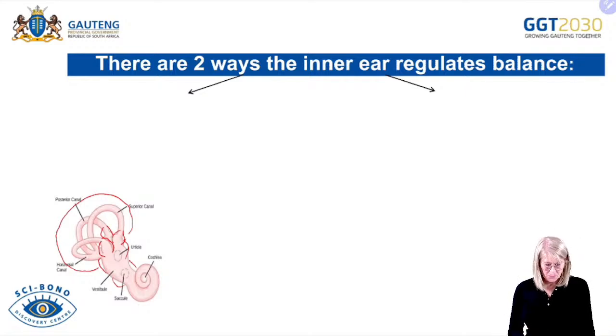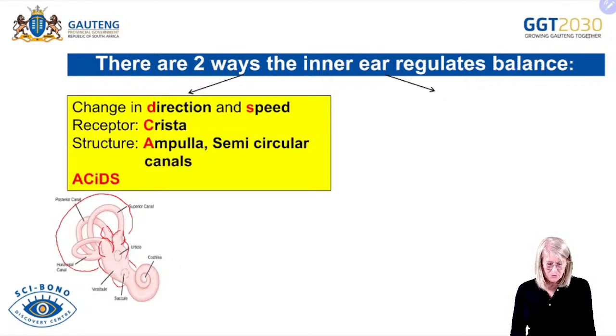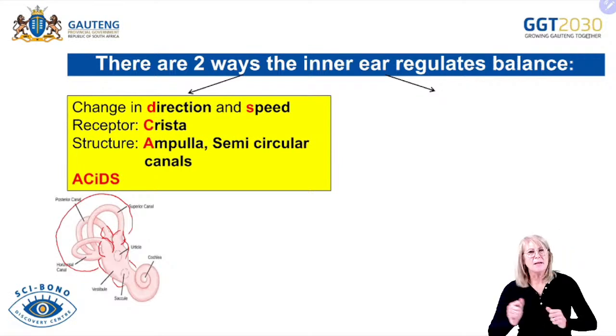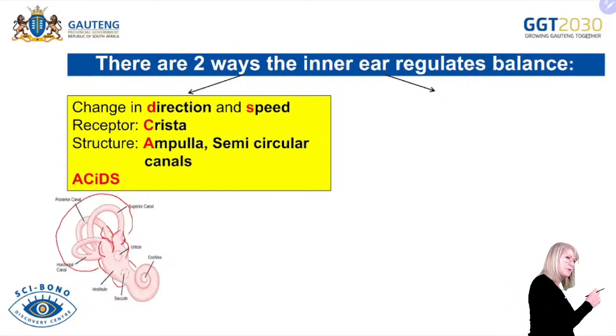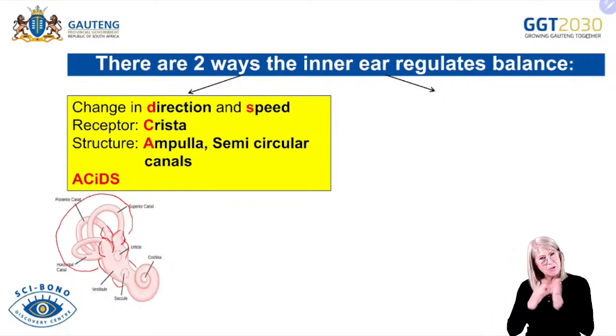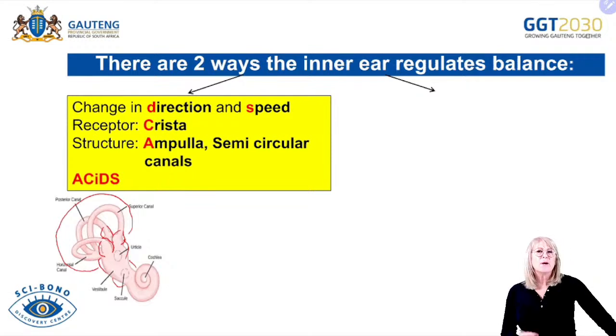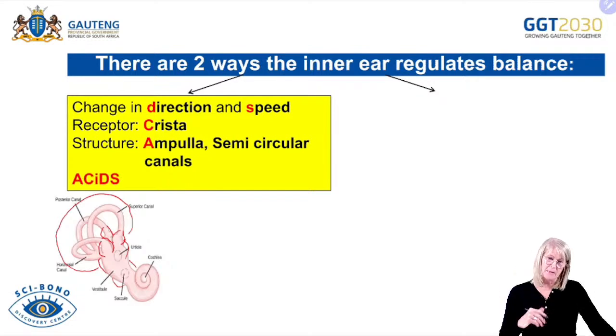Now there are two ways in which the inner ear regulates balance. The first is, if I'm playing soccer and running on the field and suddenly the ball goes that way and I have to quickly turn around and face that way, you're not running in a straight line, you're moving all over. So your brain needs receptors that pick up that your head is changing direction and speed, to maintain balance so you don't fall over.